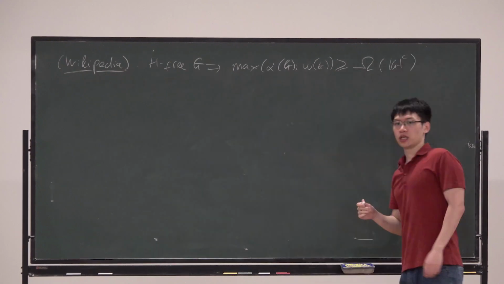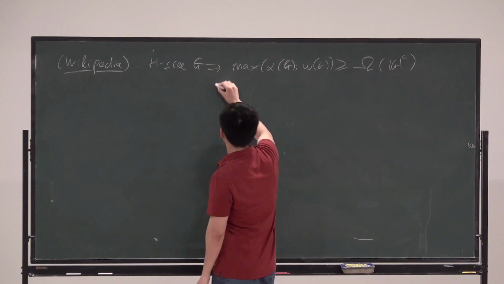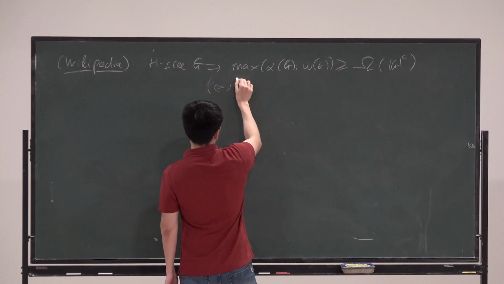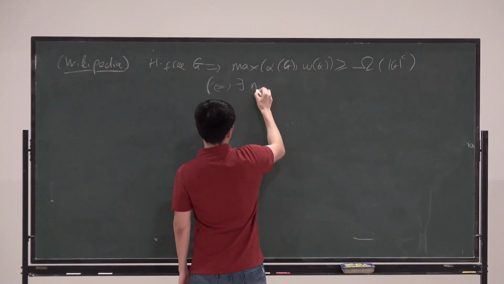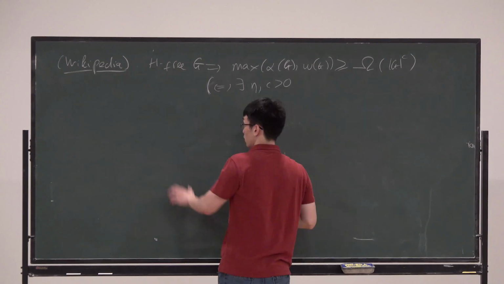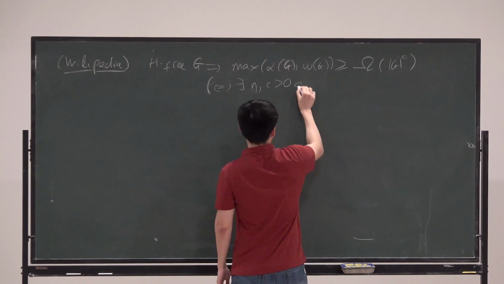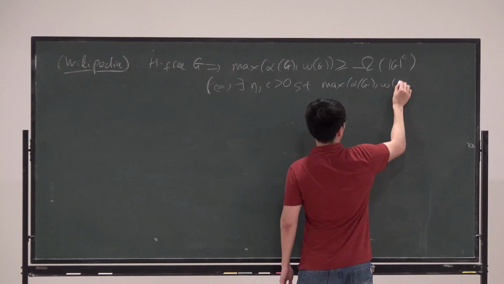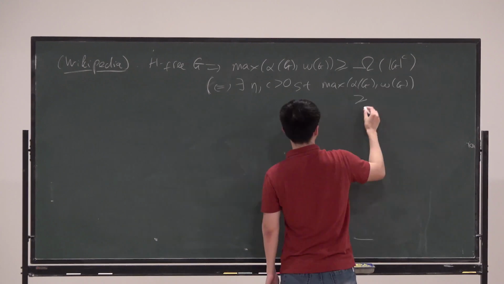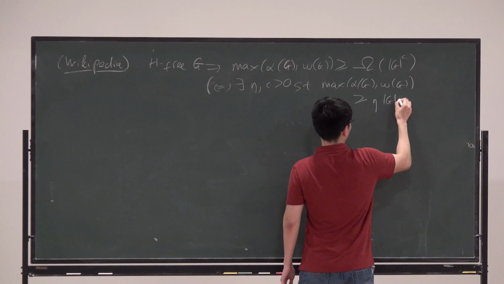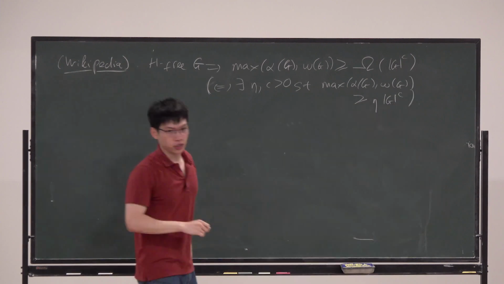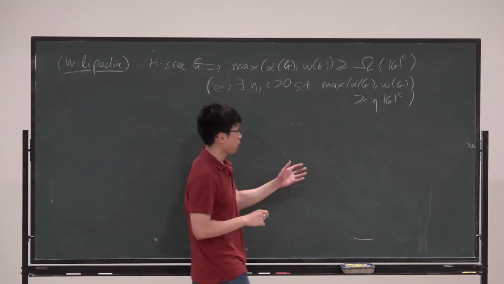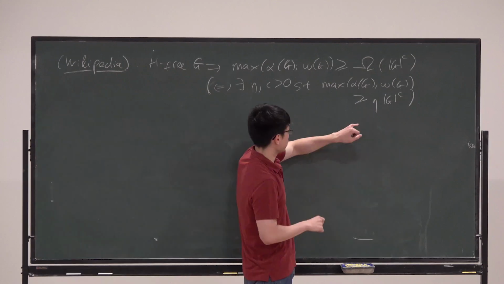So what this means is there exist theta and c positive, depending on H only, such that max of alpha and omega is at least theta times |G| raised to the power of c. So that actually means there's a slight discrepancy between the two versions, which is this constant factor theta.